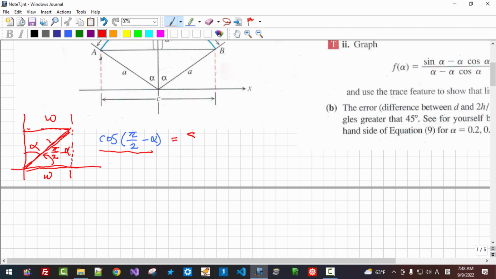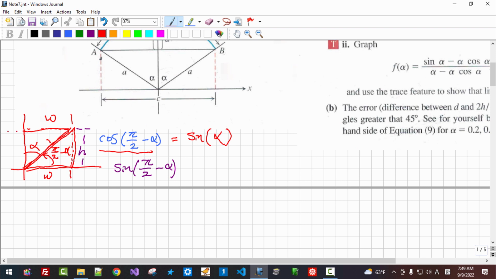Sine alpha equals sine alpha. This is the height. Sine of pi over 2 minus alpha is h.